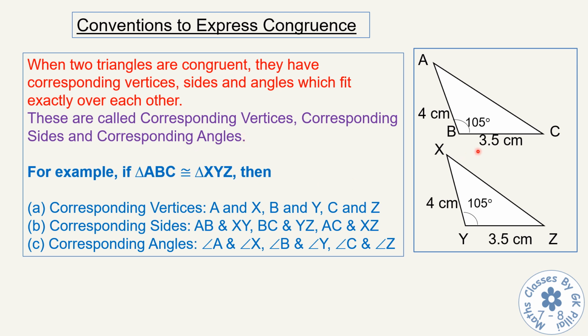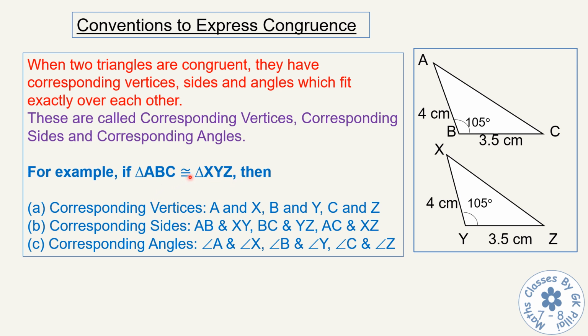Whenever you prove these two triangles to be congruent, you will prove the same, and ultimately you have to write what are the corresponding vertices, what are the corresponding sides and corresponding angles. I am giving an example here. This is the symbol we use to express one triangle to be congruent to another one.